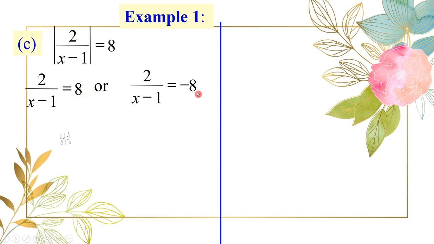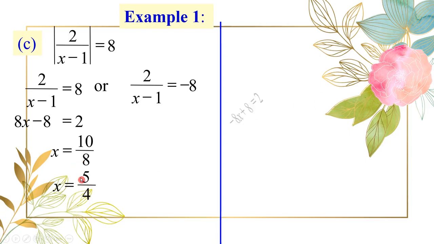Let's calculate the first part on the left. Okay, we bring x minus 1 to the right, becoming 8x minus 8 equals 2, and then 8 plus 2 equals 10. 10 over 8 will give us 5 over 4.